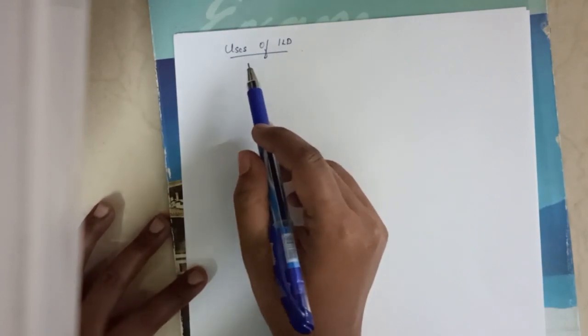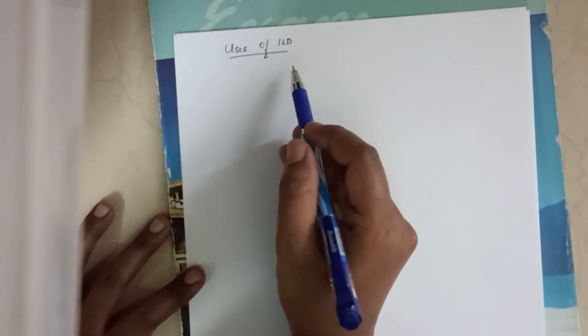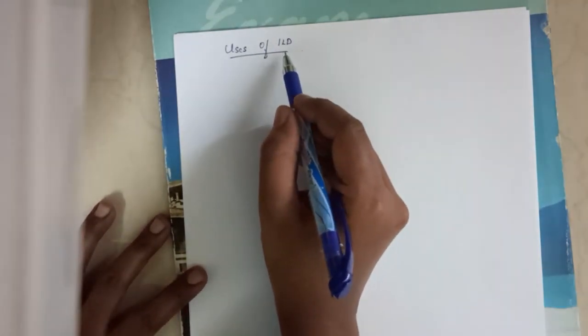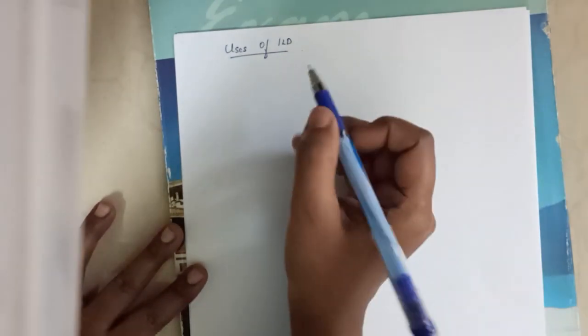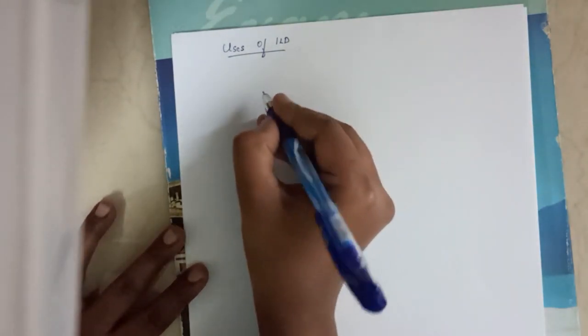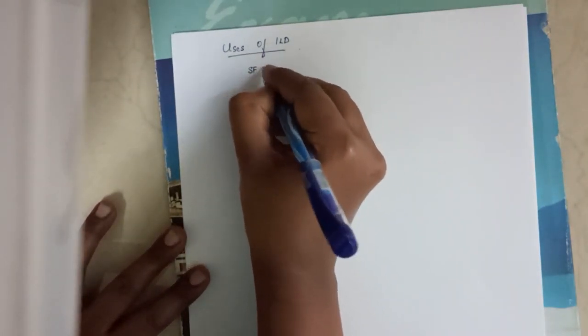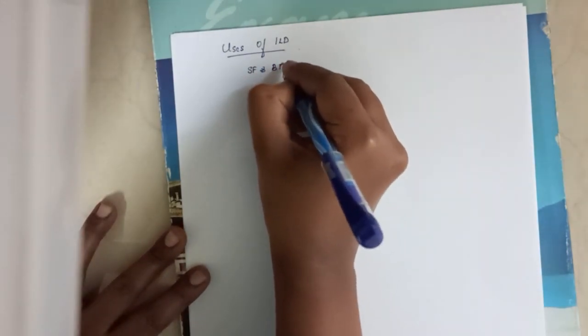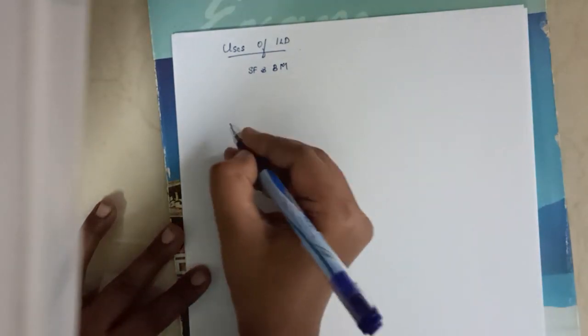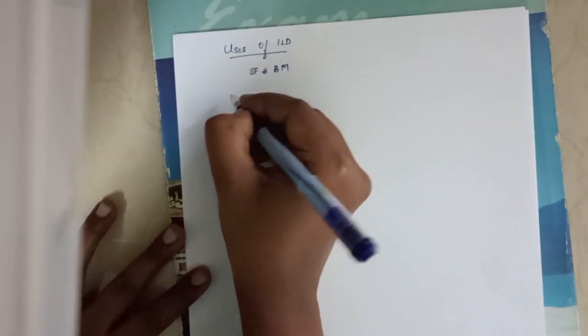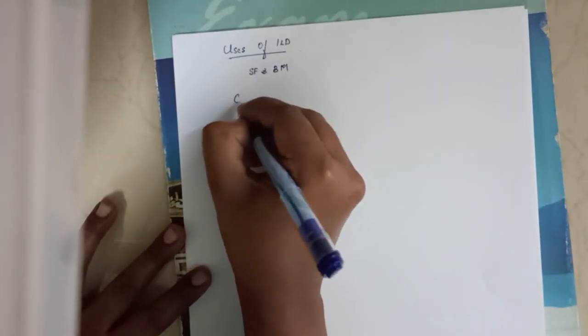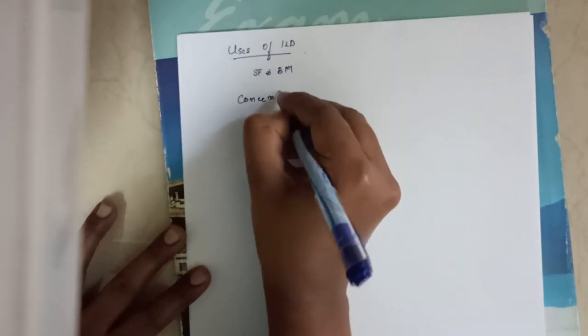Next is the uses of influence line diagram. Using this influence line diagram, we can find out the shear force and bending moment at any section, if it is a set of concentrated loads.